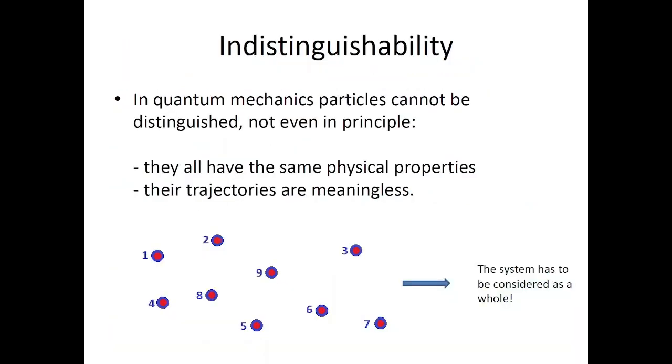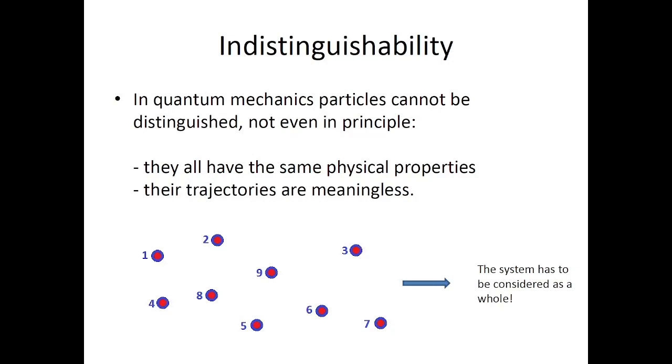So to continue with the quantum many-body problem, one of the first difficulties that we encounter is the concept of indistinguishability. In quantum mechanics, particles are not distinguishable, not even in principle. So all electrons, or all equivalent particles, have the same physical properties. There is no way to distinguish between one electron and another electron.